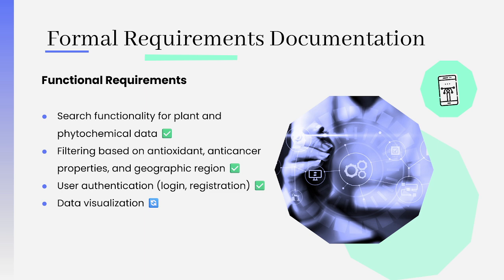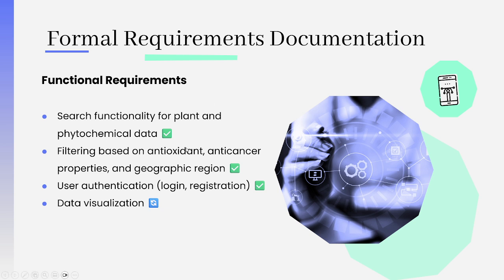The next one is filtering, where users should be able to filter data based on antioxidant properties, anti-cancer properties, and geographic region. This functionality has been completed, enabling researchers to narrow down their search results based on specific criteria.